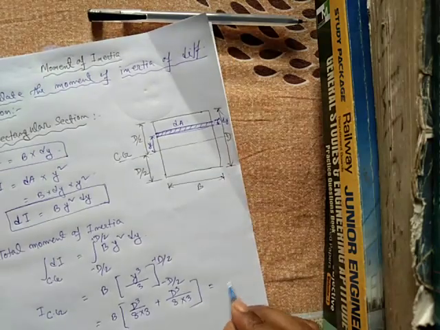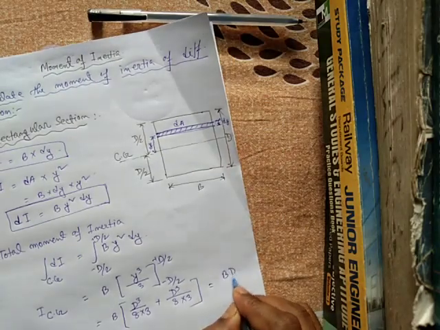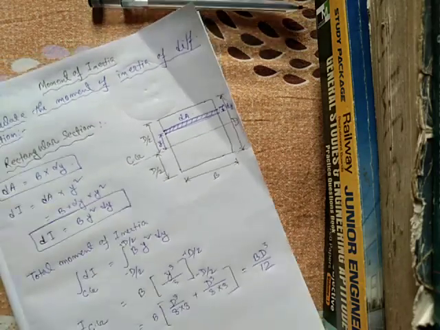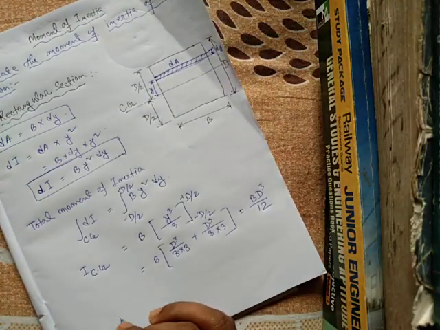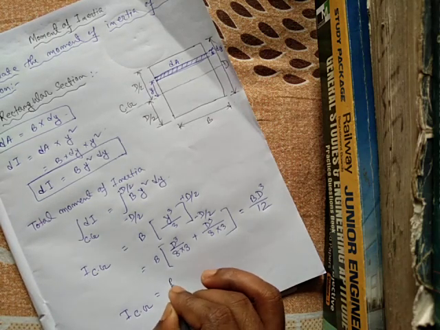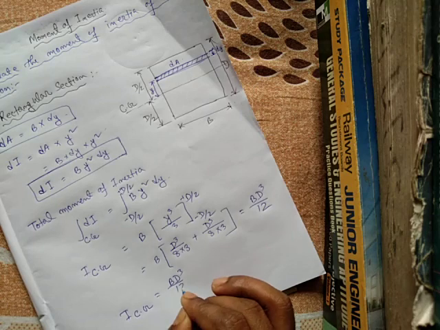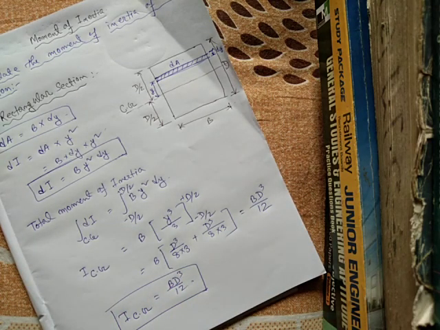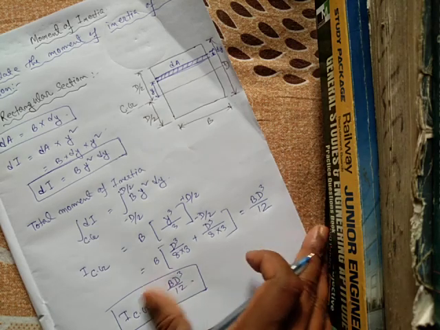It equals b d cubed divided by 12. The moment of inertia of the rectangular section about CG is b d cubed divided by 12, the most important formula to calculate the moment of inertia of a rectangular section.